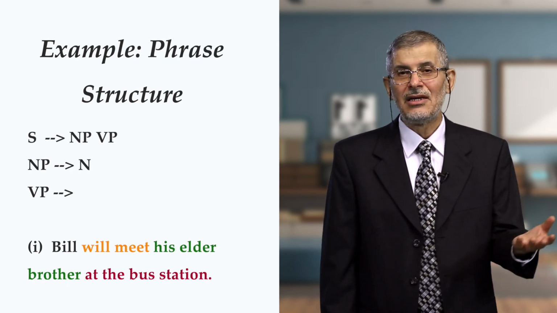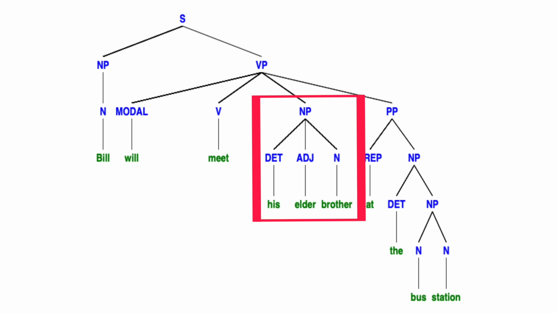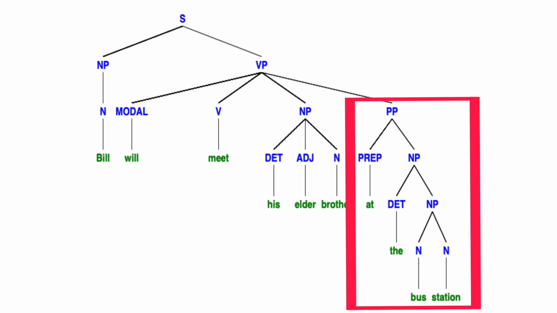You're familiar with this. The verb in one group, will meet, and then the object of the verb, his elder brother, in one group, and then the prepositional phrase, that is the location, in another constituent. So by rule, if a constituent has more than one element, then it needs to be analyzed into the constituents that make it up.